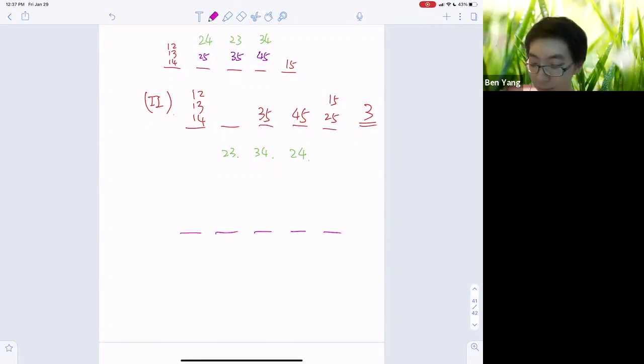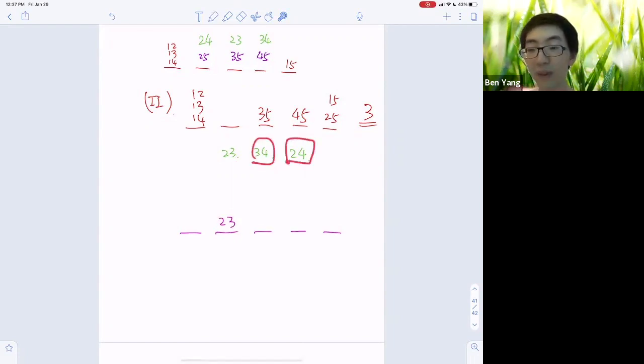Let's try that. Now we have 3, 4, and 2, 4 left. Seems that everything's good here. The only way for it to go wrong is that we put both 3, 4 and 2, 4 into the fourth box. That's the only case where things can go wrong. Otherwise, everything's good.